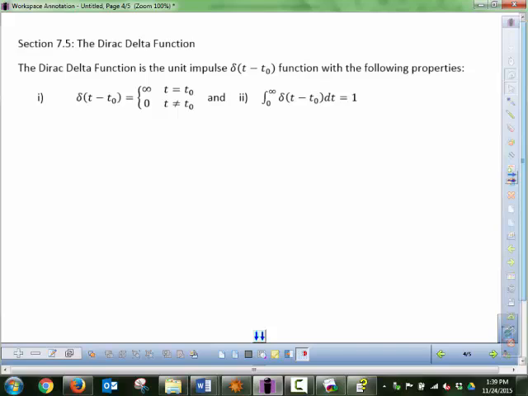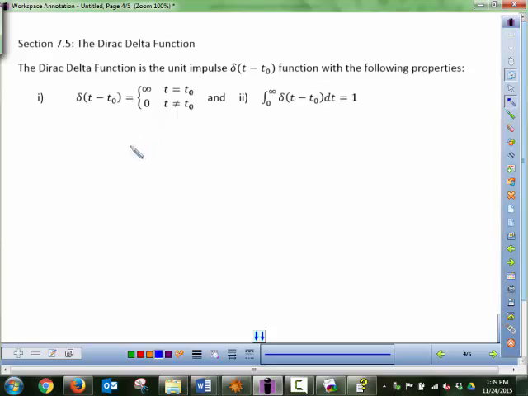The other definitions that you might see, or maybe it's presented this way in the book too, is that sometimes people look at the Dirac delta function as a limit of something.